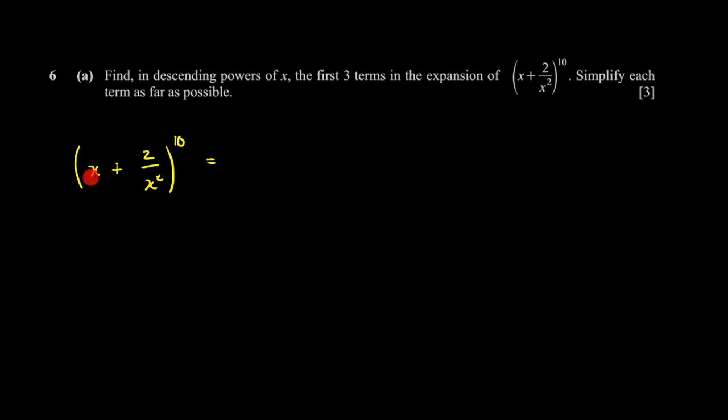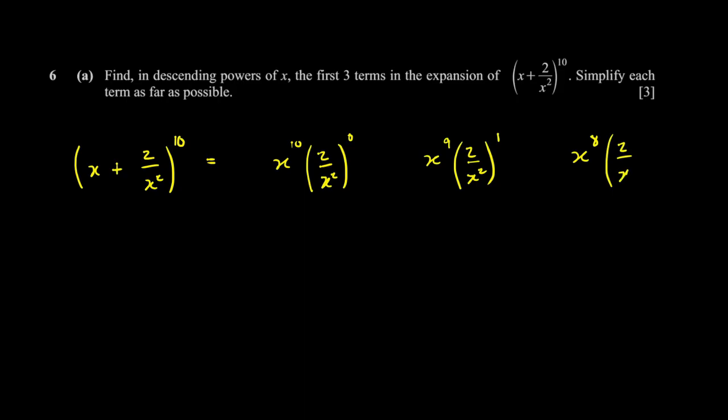So I take the first term, which is x. And that term, the powers are going to decrease. So we're going to have x to the power 10, x to the power 9, and x to the power 8, and so on and so on. And then the second term, which is 2 upon x squared, the powers are going to increase. So we get 2 upon x squared to the power 0, and 2 upon x squared to the power 1, and 2 upon x squared to the power 2, and so on and so on.